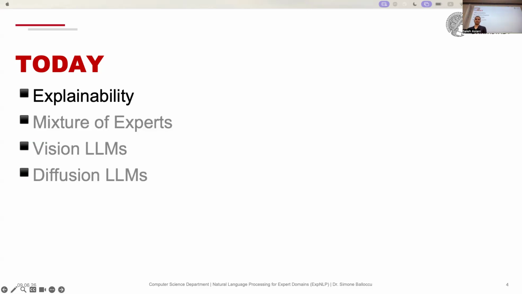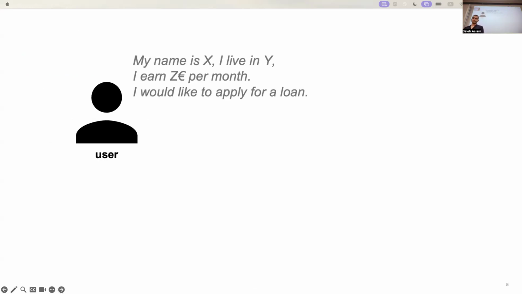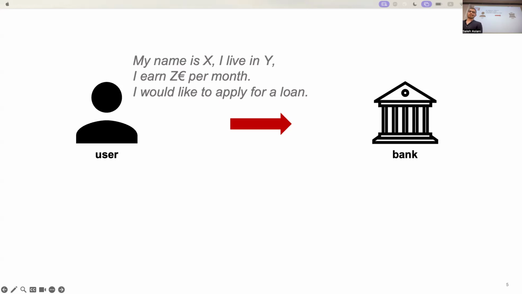So first, let's talk about explainability. To give you some intuition about what we mean by explainability, imagine that someone is going to a bank and is requesting a loan. This person gives his information, for example, how much money he makes a month and how much loan he's requesting.